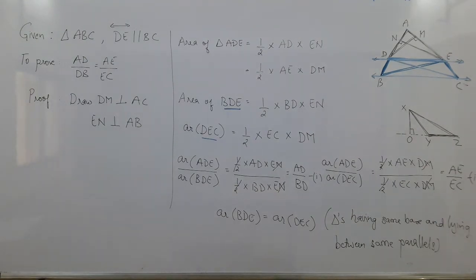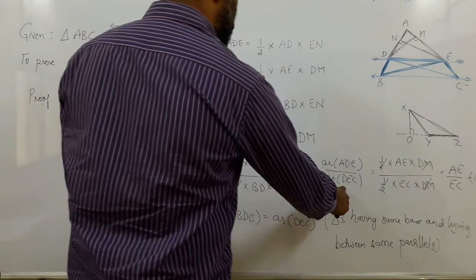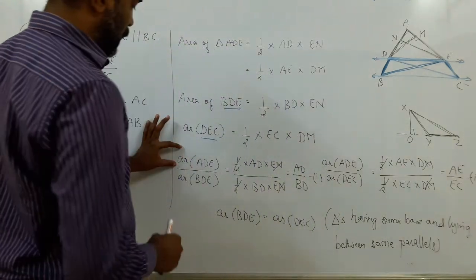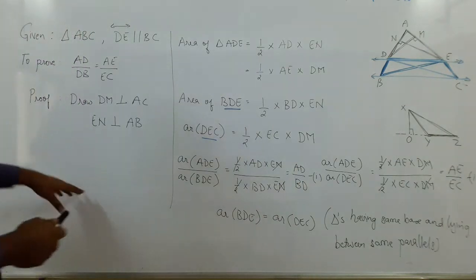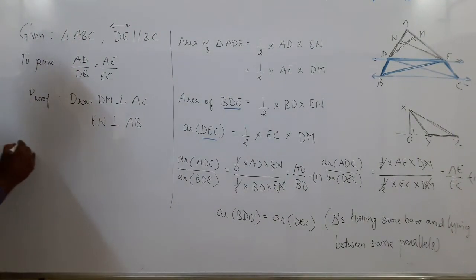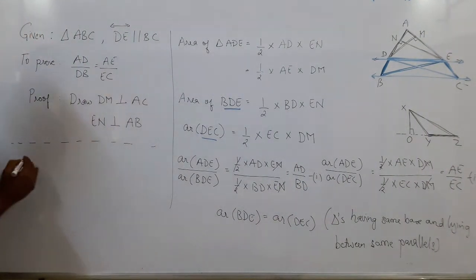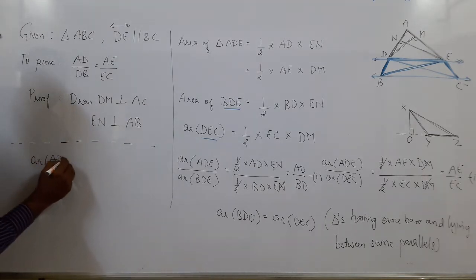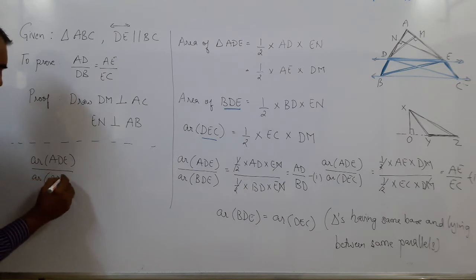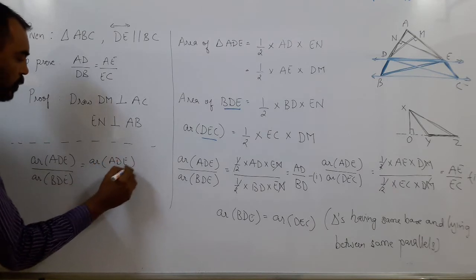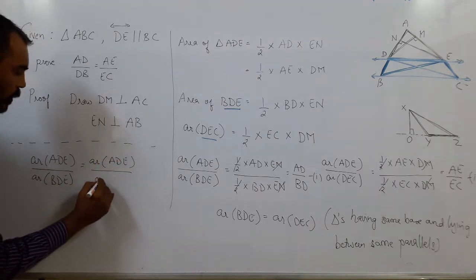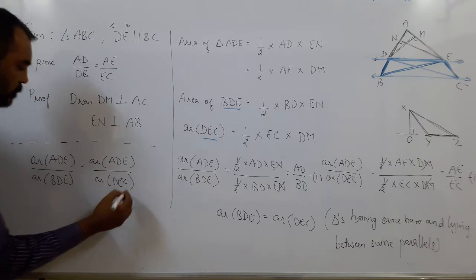Now, if these two areas are equal, these two areas should also be equal, because see, ADE and AD is same and this angle is also same. So I am continuing here. What will you get? Because of this result, area of ADE upon area of BDE equal to area of ADE upon area of DEC.